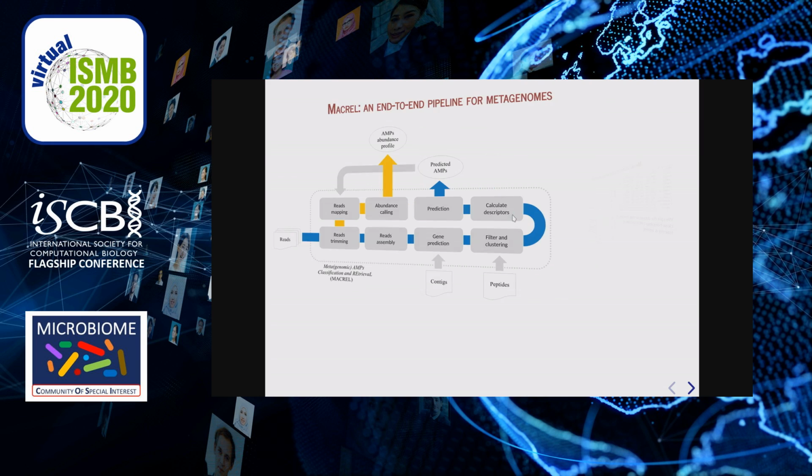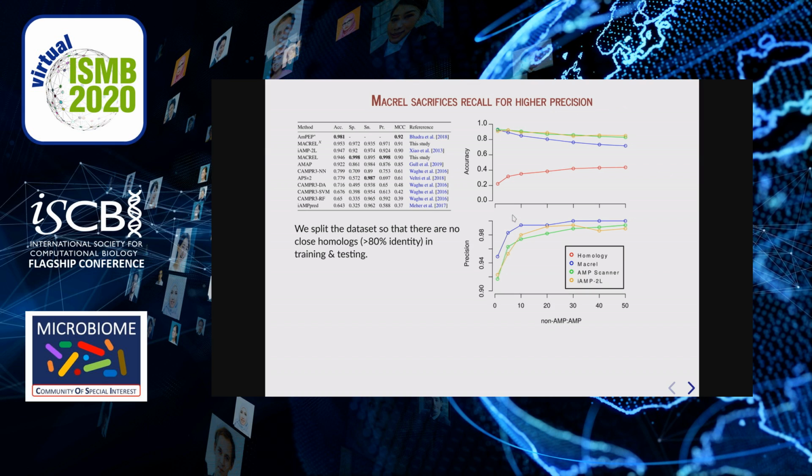We do not achieve the highest recall compared to other previously published methods, but we achieve the highest precision, so we are able to keep the number of false positives low. Here I'll also point out this red line. This is just homology based prediction, on a 50 data set, and as you can see the prediction is basically random, so homology really doesn't work very well for these very short sequences.